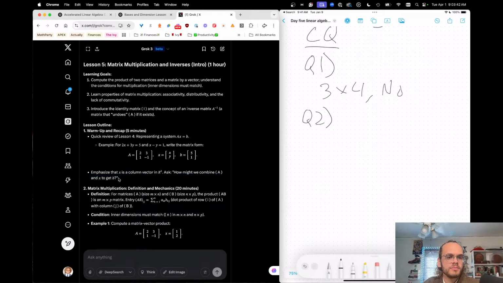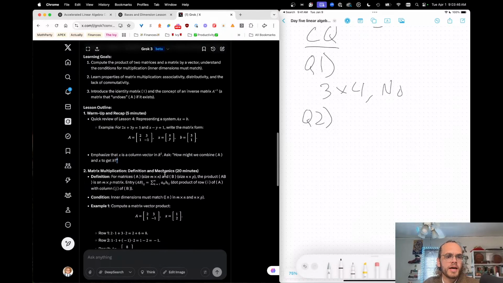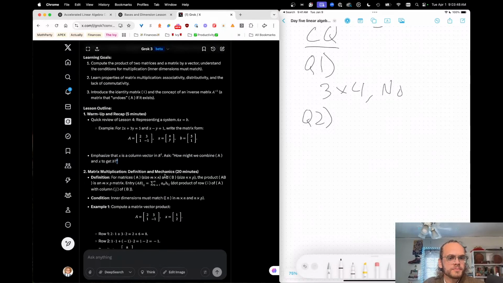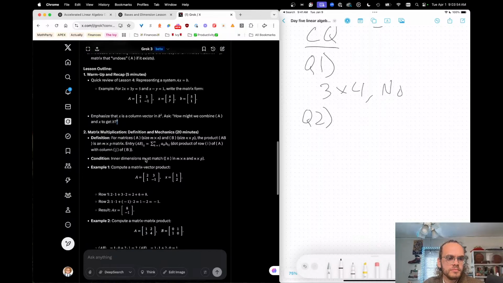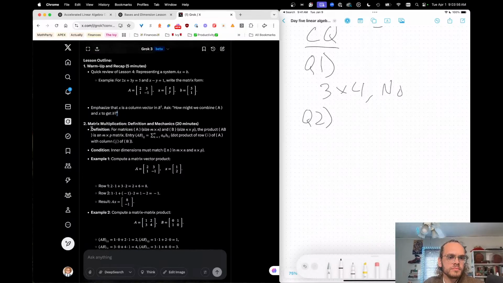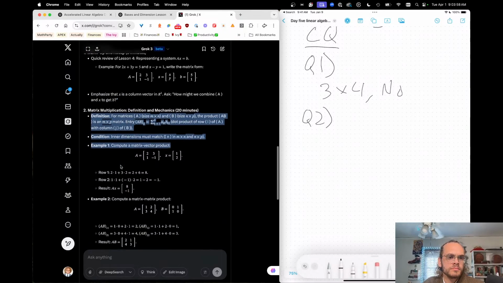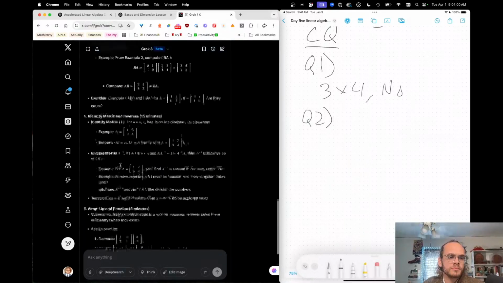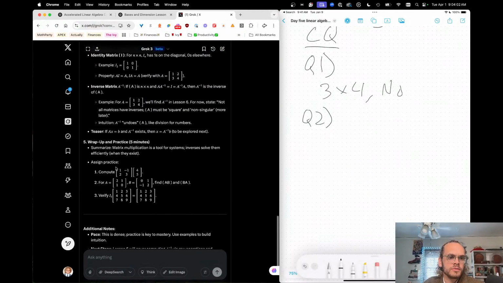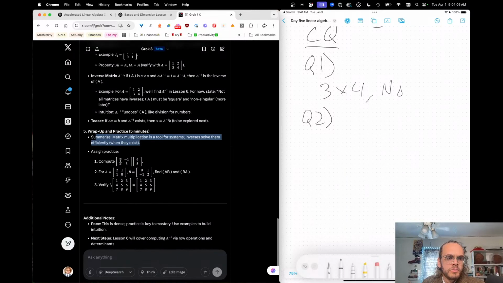X is a column vector in R squared. How might we combine A and X to get B? Just going to scroll through all this. So I can compute that. That's what I've been doing. I could find AB and BA.